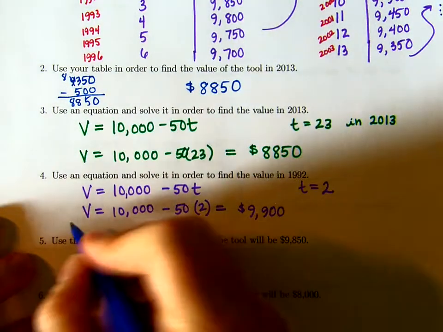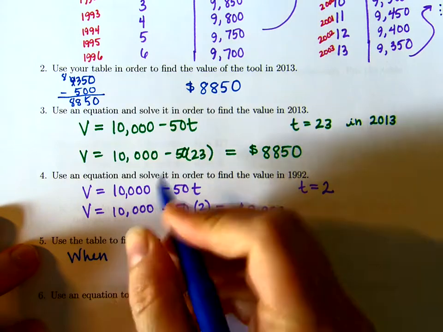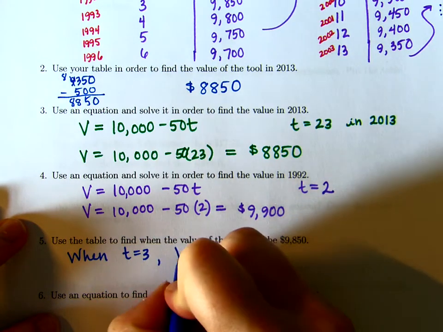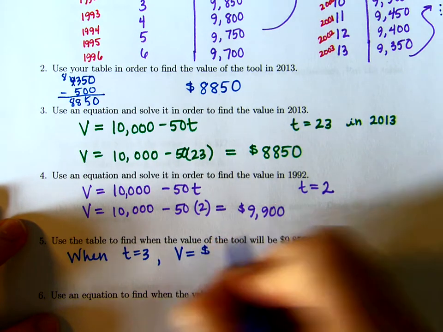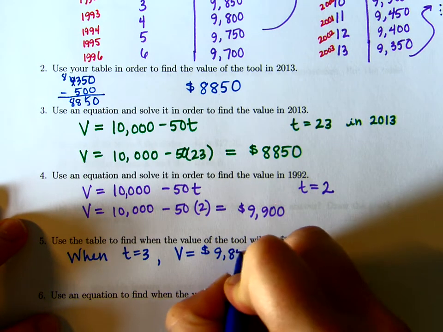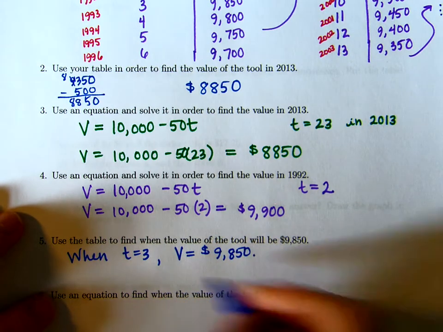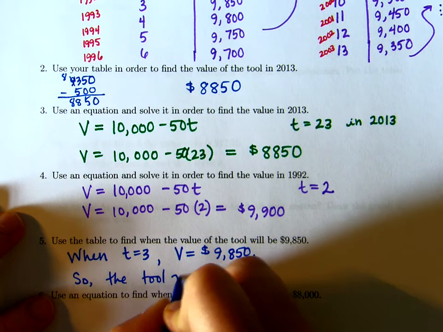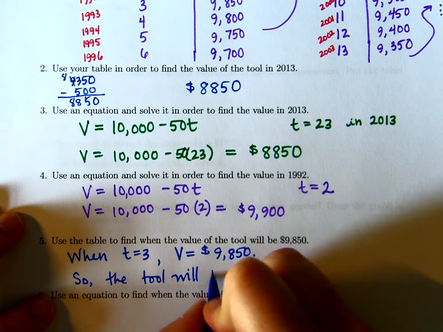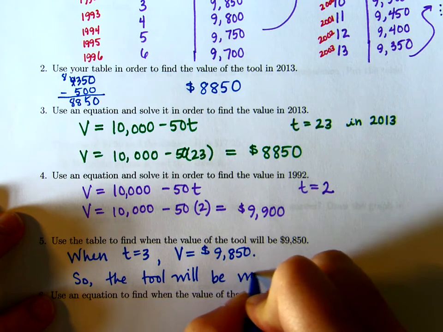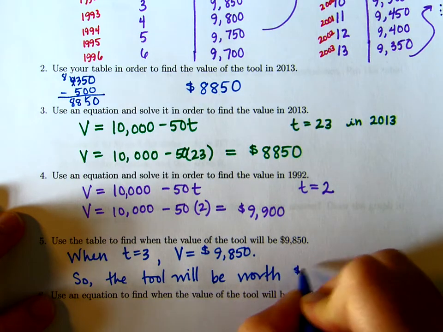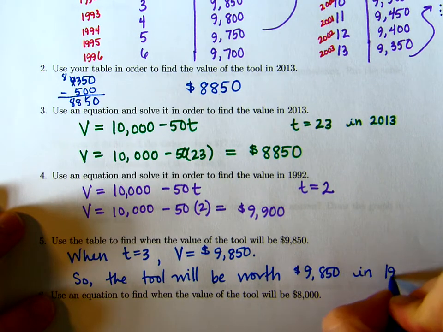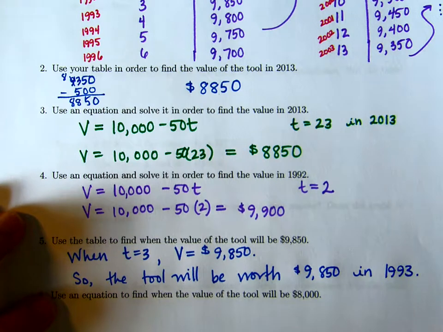When T equals 3, the value is 9,850. So the tool will be worth $9,850 in 1993. Got it.